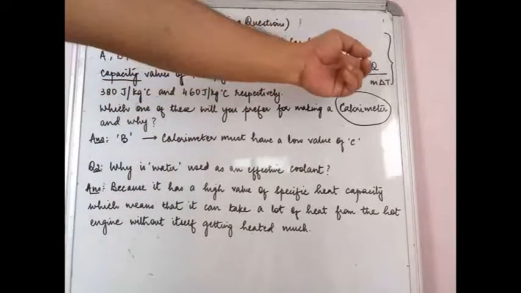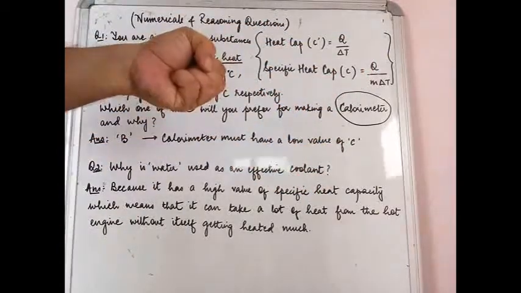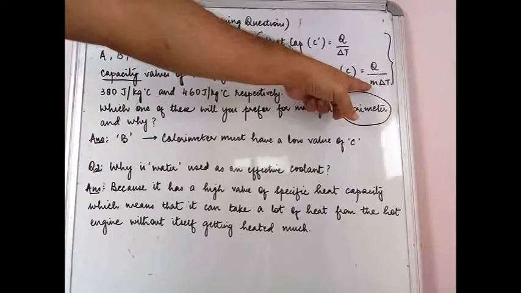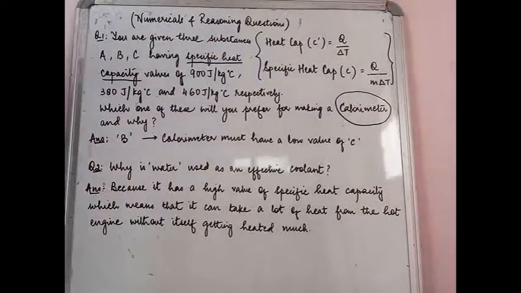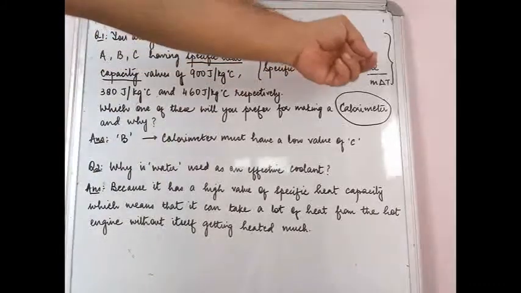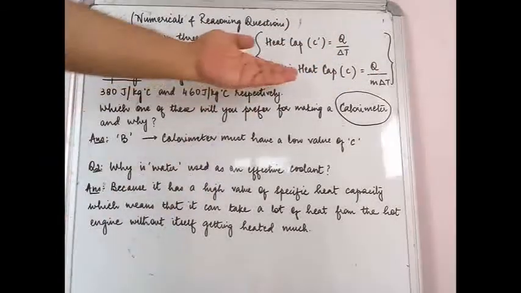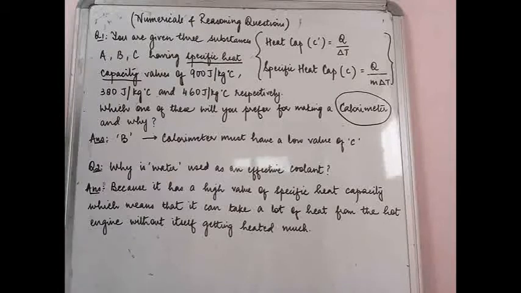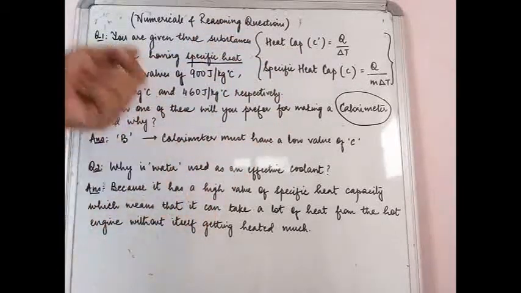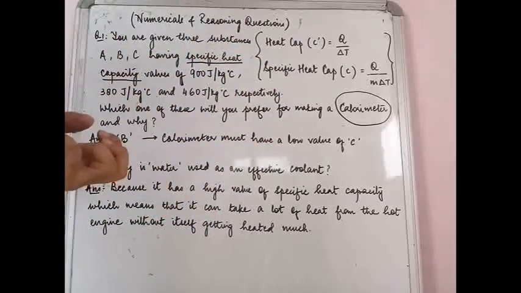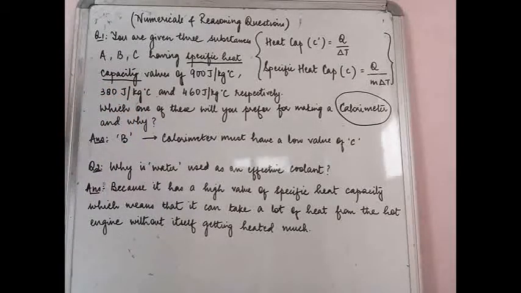It is the amount of heat energy taken up by unit mass of a substance for 1 degree rise in temperature or 1 Kelvin rise in temperature. So the lesser the amount of heat taken, the lesser will be the specific heat capacity. So for a calorimeter substance, we need a substance which has a low value of C. That means it should not take up a lot of heat from the hot body.